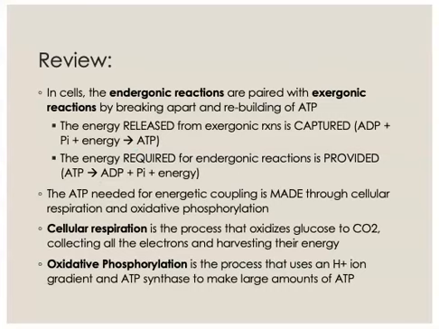To review, we've been talking about energy and how energy flows in living cells. We've discussed how endergonic reactions are paired with exergonic reactions through this sort of a middleman molecule called ATP.